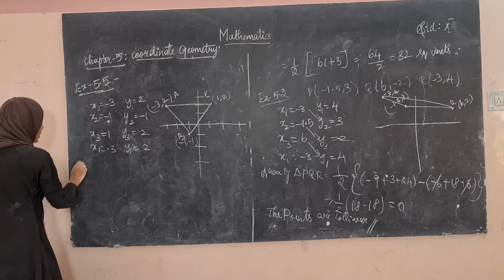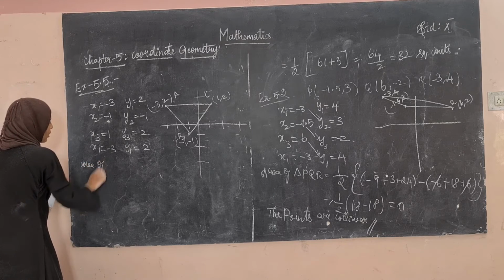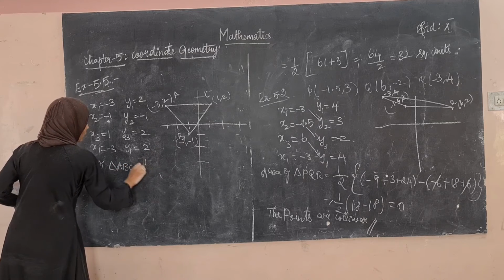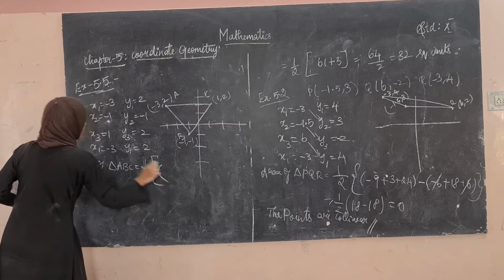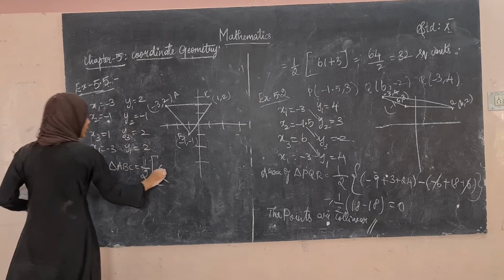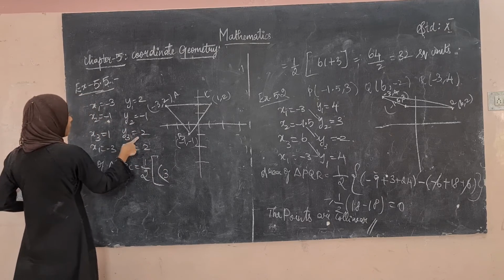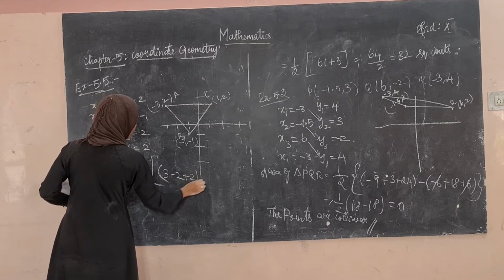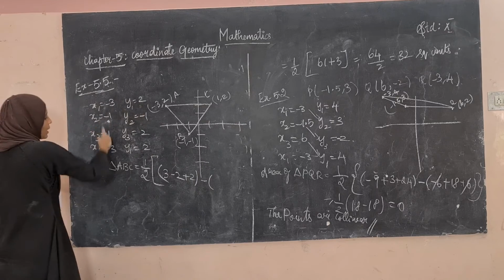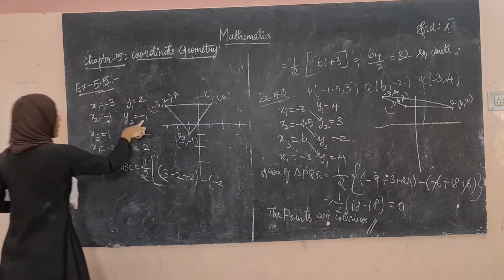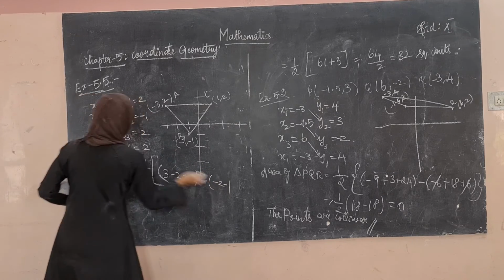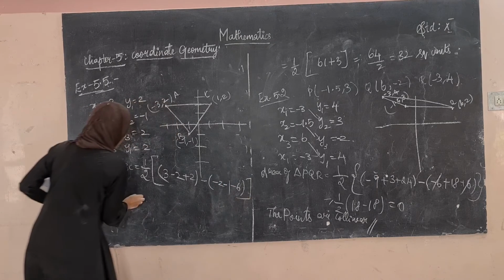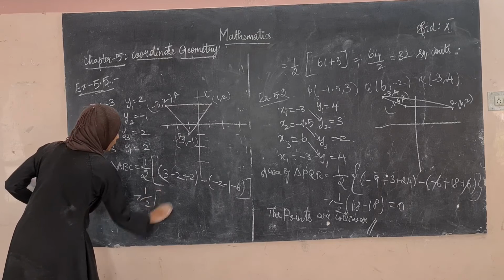Okay, so area of triangle ABC is equal to 1 by 2 into minus 3 into minus 1 is 3, minus 1 into 2 is minus 2, 1 into 2 is plus 2, minus of 2 into minus 1 is minus 2, minus 1 into 1 is minus 1, 2 into minus 3 is minus 6, which is equal to 1 divided by 2 into this and this.